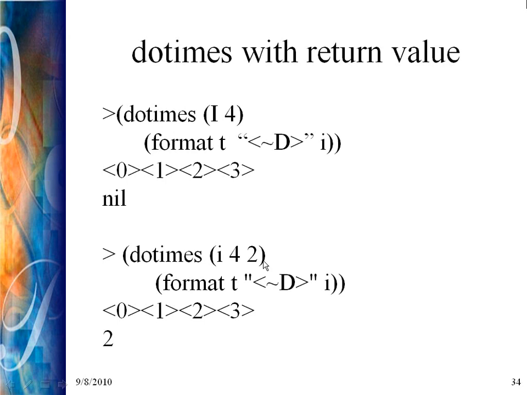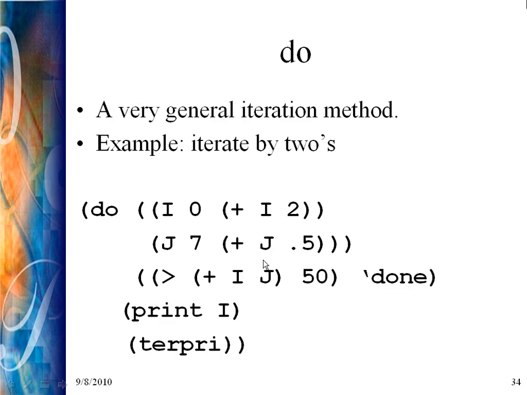It has no other effect. Now, the do macro is a very general iteration macro, and it takes some getting used to, but once you've learned how to use it, it is incredibly powerful. It has 3 constructs. The first thing is the set of initialization binding forms, creating variables.